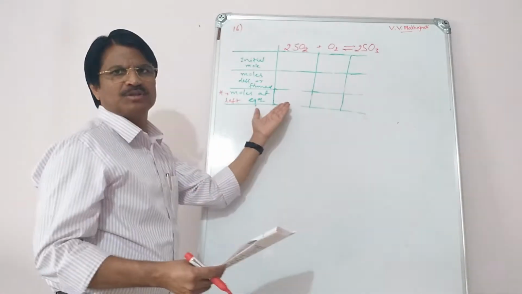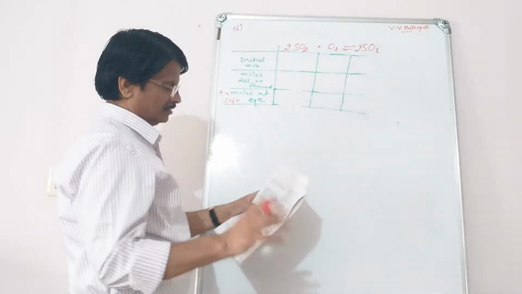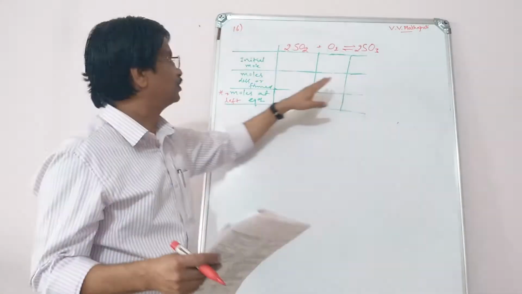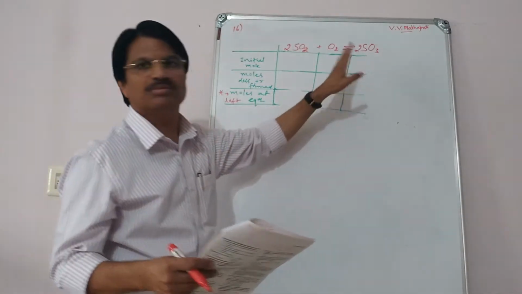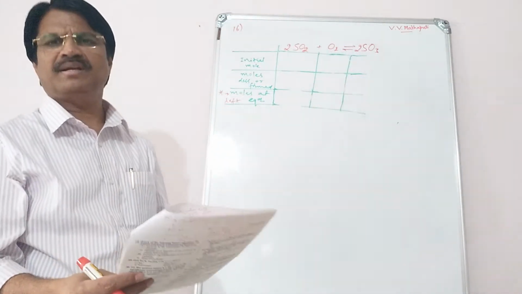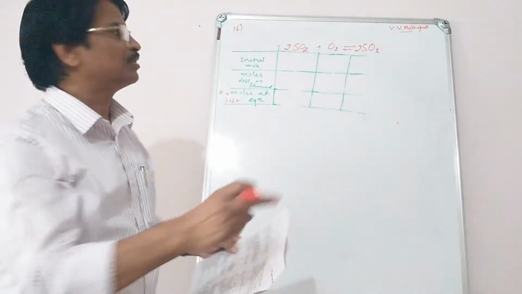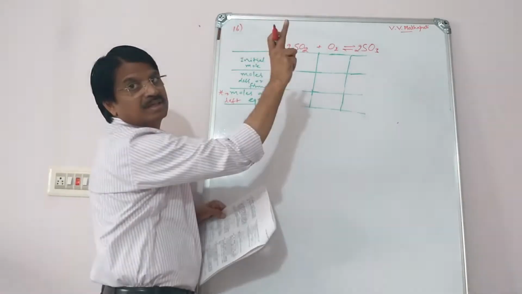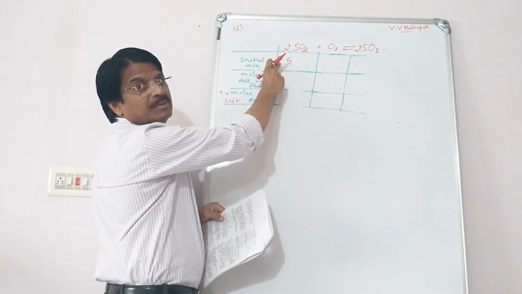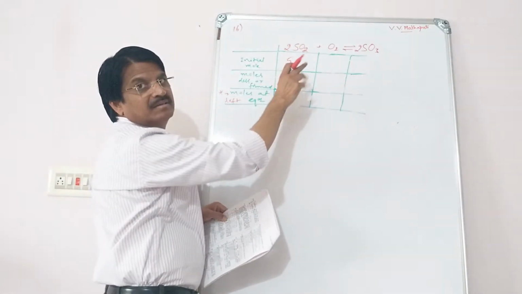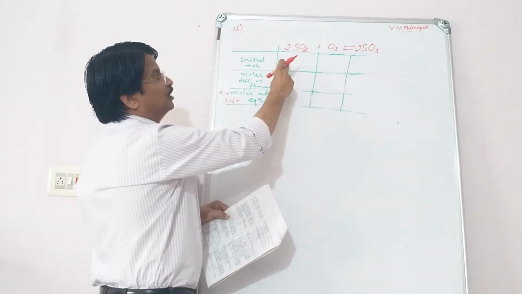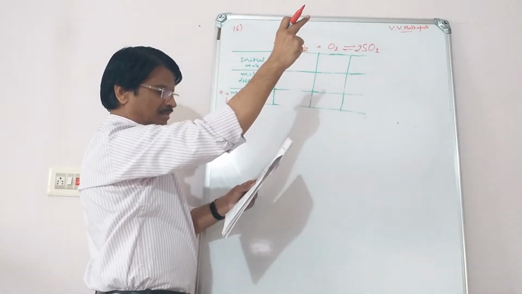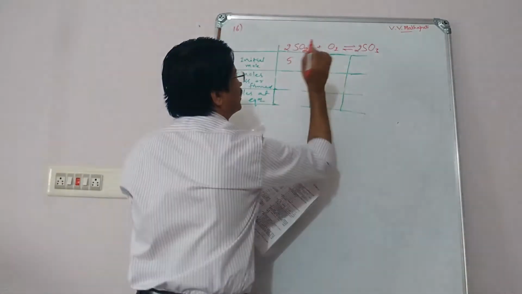Again, to calculate the number of moles at equilibrium, the method is the same, but according to the question, the first line is the experimental values, so don't write 2, 1, 2. Read the question and write the values. 5 moles of SO2 taken and 5 moles of O2 also taken.